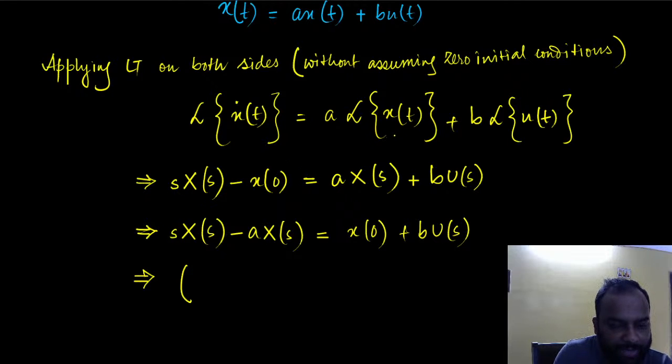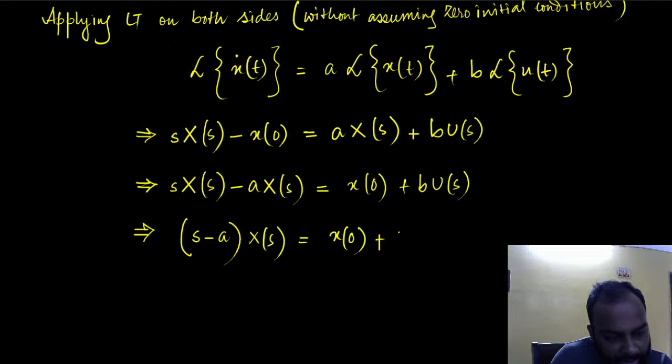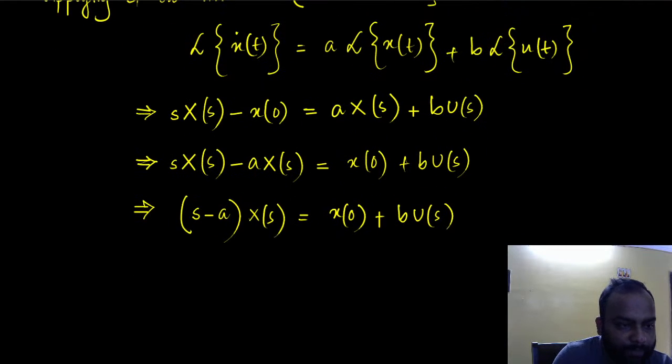If the Laplace transform of x t is X(s), then the Laplace transform of x dot t is s X(s) minus x0, right? So I was missing an s here. If I factor out the X(s), I would have (s minus a) times X(s), and that would be equal to x0 plus b U(s), right? So the point to note here is that this thing is the initial condition.